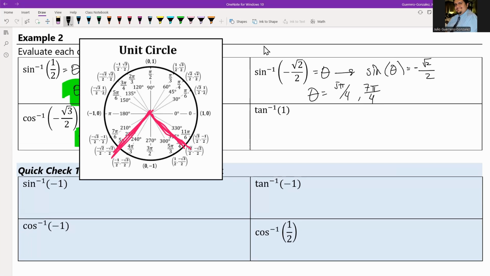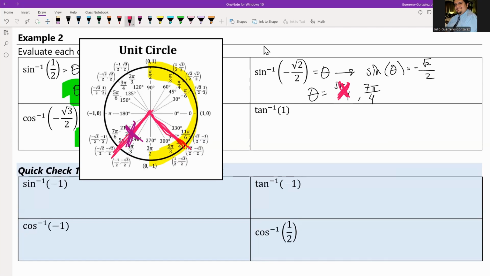My answers for sine inverse have to land in here. So automatically this one gets canceled away. It can't be 5 pi over 4. Now, here's another thing.